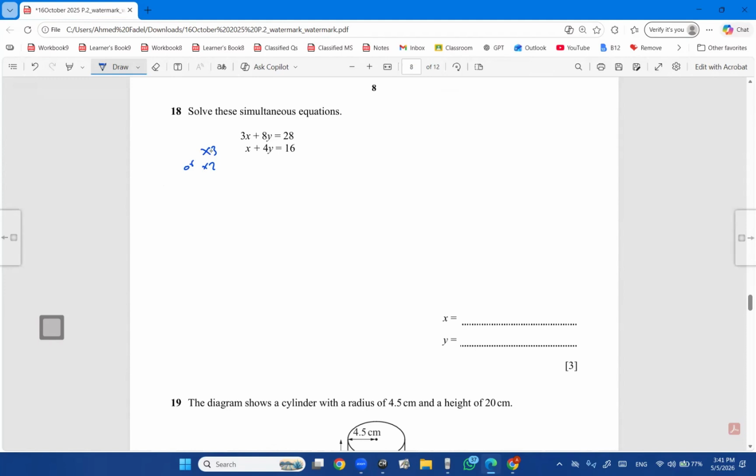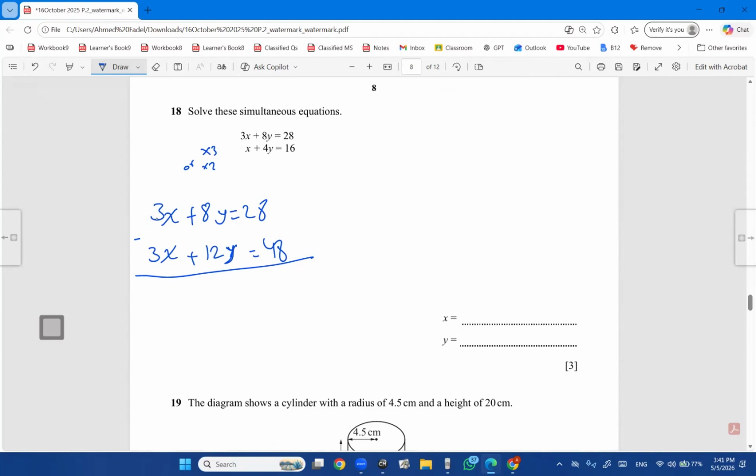So here, multiplying the second equation by 3, the first equation is going to stay the same, no changes. The second equation is going to give you 3x plus 12y equals 48. Subtracting the equations. Why am I subtracting and not adding? Because I want to eliminate the x's.